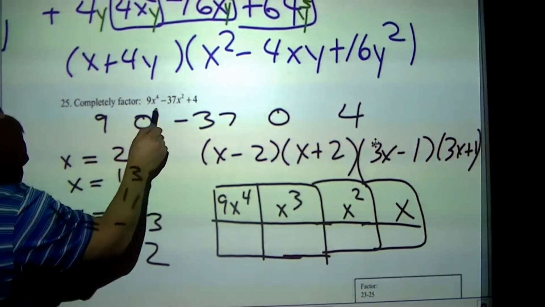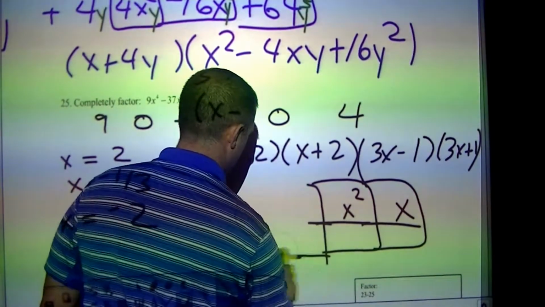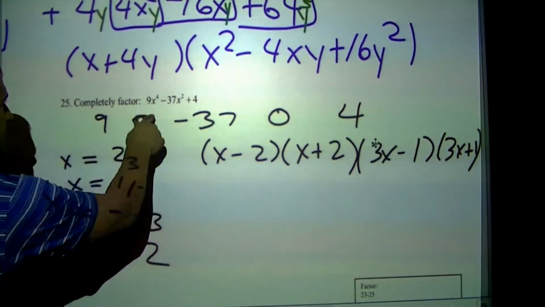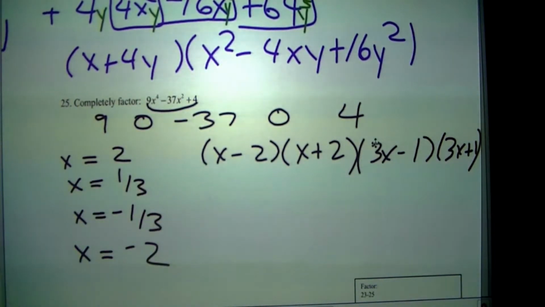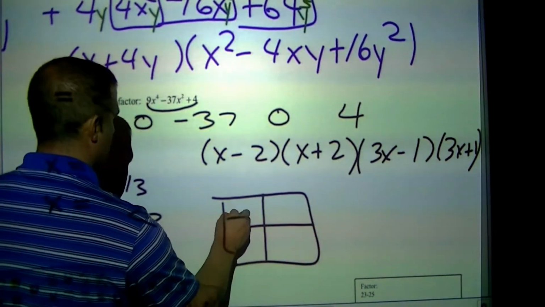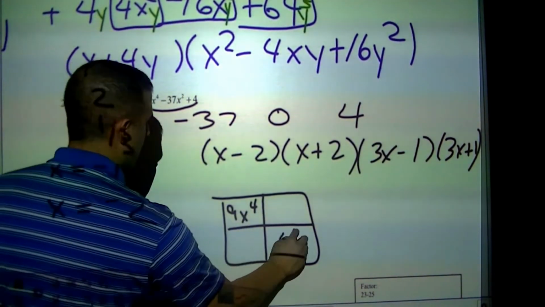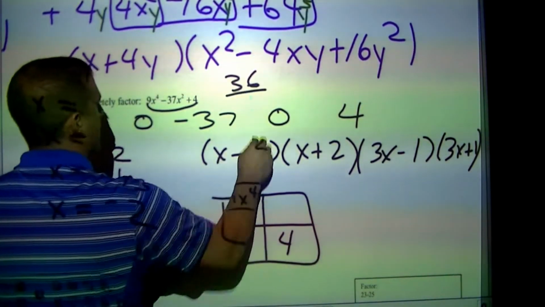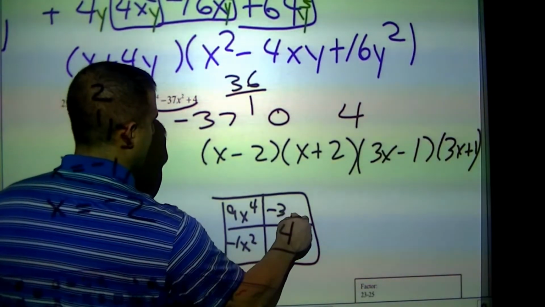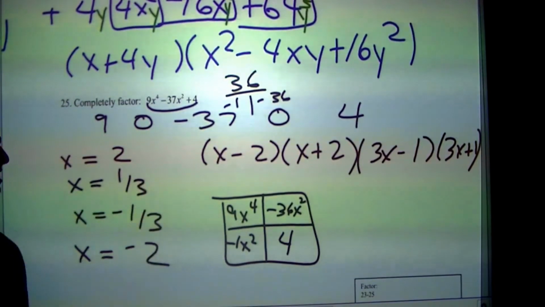This is very similar to our other quadratics where we multiplied 9 and that would give me 36, okay? So what I could do is 9x4, okay, and this is 4. I got to have 36. A match of that would be negative 1x squared and negative 36x squared. Those would get me negative 1 and negative 36 would add up to negative 37.